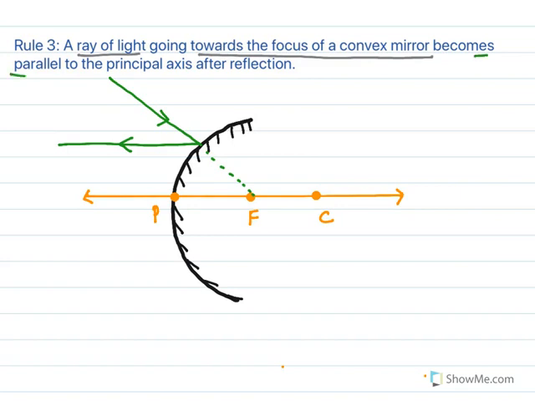So it becomes parallel to the principal axis. Let me take another example. Suppose it is coming from down like this, moving towards the focus. After reflection, it will move parallel to the principal axis. That is rule 3.